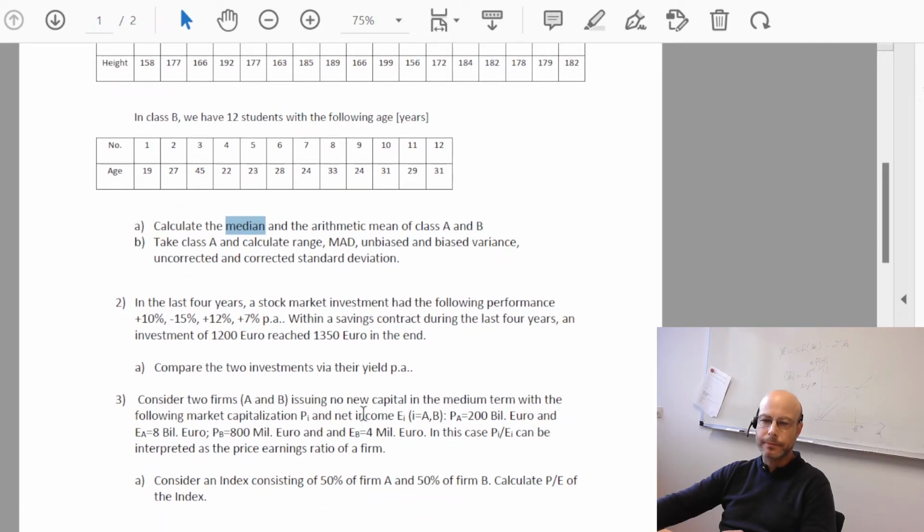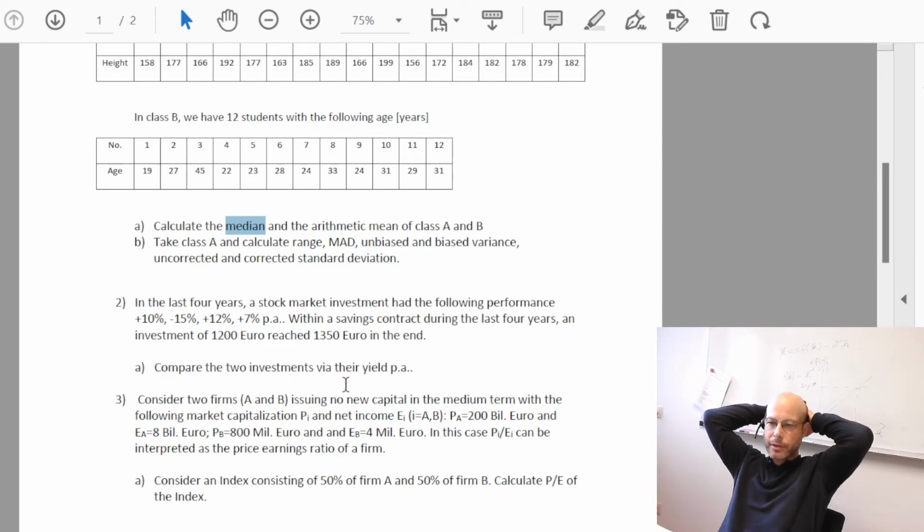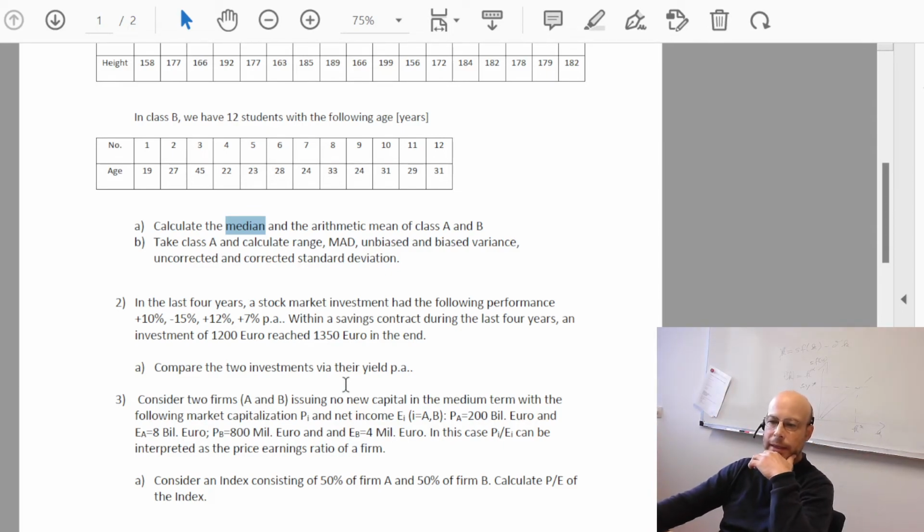Then let's go to number 3. Consider two firms, A and B, issuing no new capital in the medium term with the following market capitalizations P_i and the net income E_i.